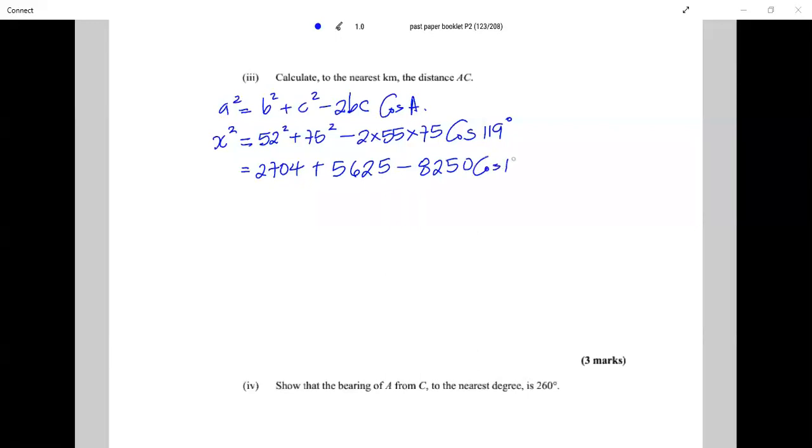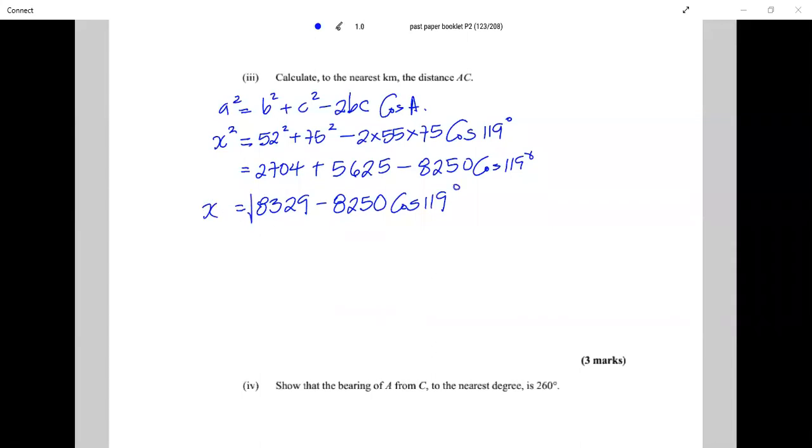Cosine 119 degrees. This is 8,329 minus 8,250 cosine of 119 degrees. So this is what x squared is equal to.